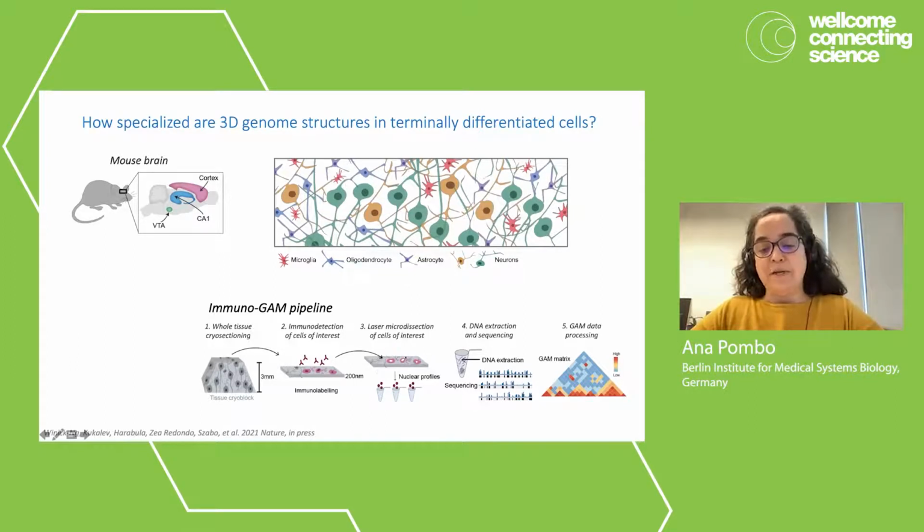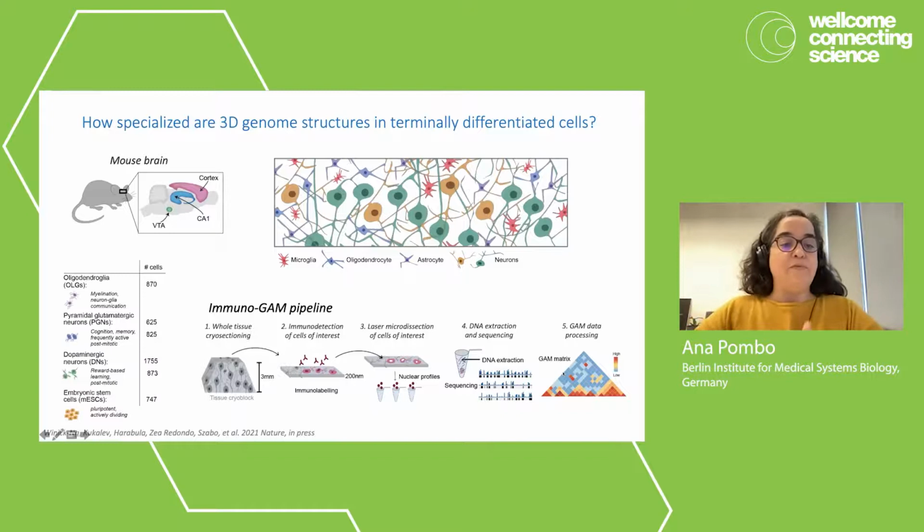And at the laser microdissection, we only then isolated the cell type that we were interested in. And this was the only change in our original pipeline, published in 2017 by Robert Beagrie and our collaborators. And after this, the pipeline is essentially the same.